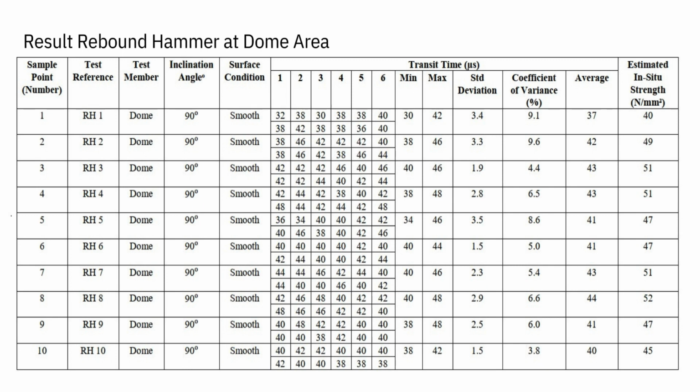So for the rebound hammer at the dome, we have 10 points, and every point consists of 12 readings of the rebound hammer testing.